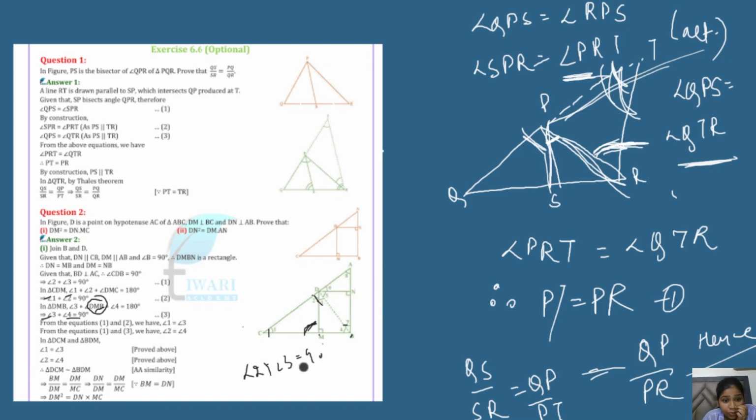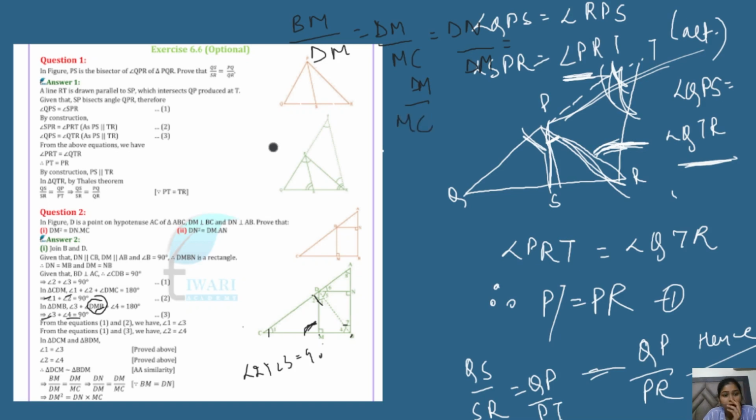BDM. Since both of them are similar, we can write the similar sides: BM divided by DM is equal to DM by MC, which is equal to DN by DM equals DM by MC.